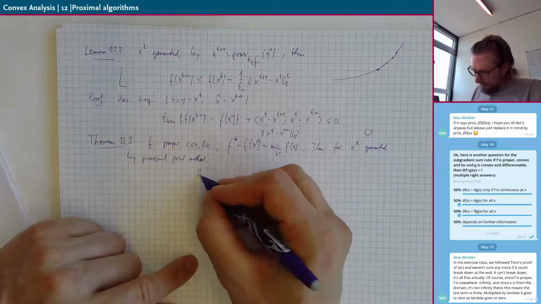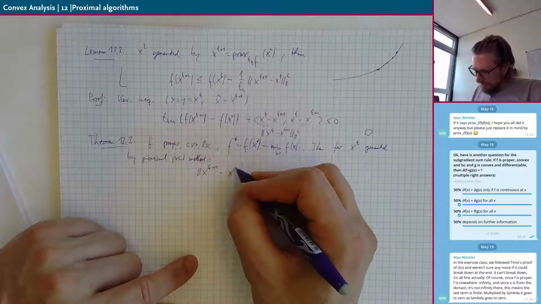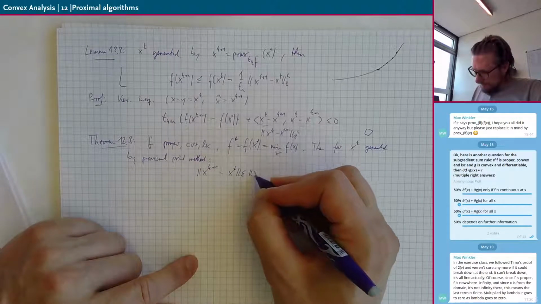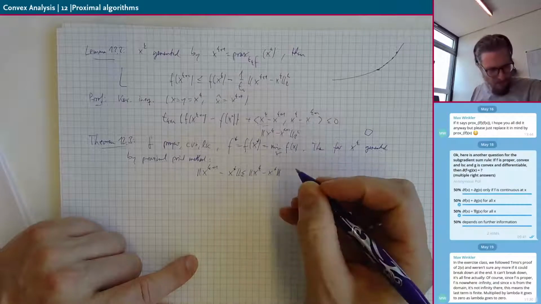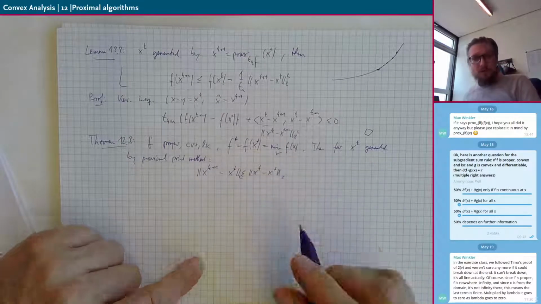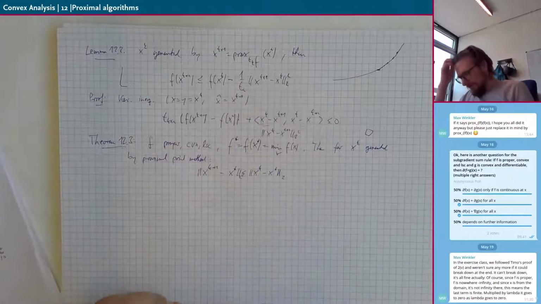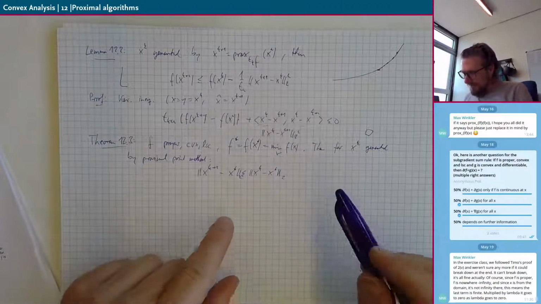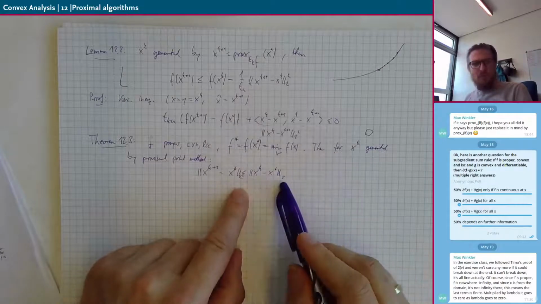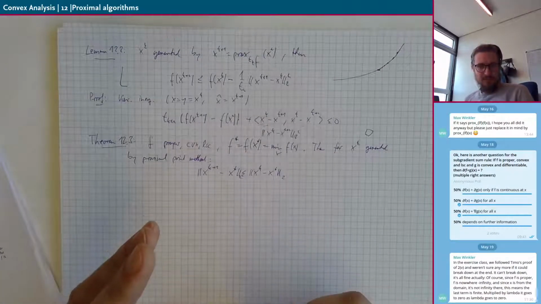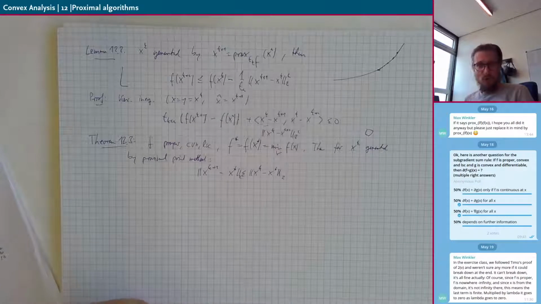The one thing is that xk plus 1 is closer to x star. Of course, in 2 norms. We've already seen such a property. This algorithm has the same property as the subgradient method, that it moves closer to all minimizers. That's the nice thing, right? It moves closer to all minimizers.